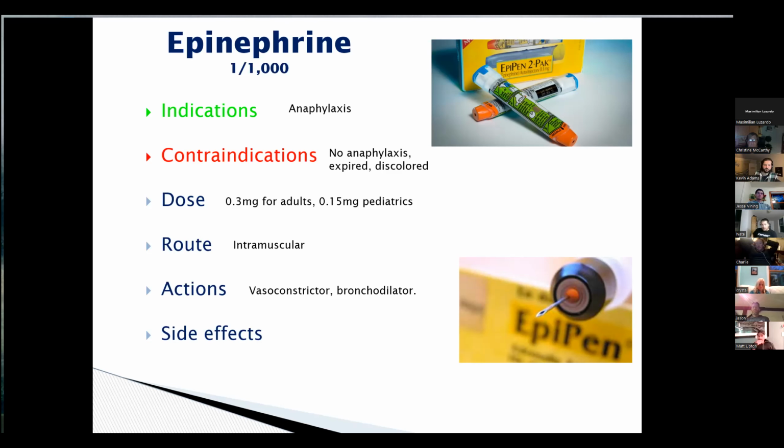We do want to give it for both actions, but I would argue that we are more concerned with the vasoconstricting. Bronchodilation helps. People who are in true anaphylaxis, their lungs are closing, but the main issue that we tend to see why people die of anaphylaxis is one, they go into shock, because what anaphylaxis does to the body is it's actually the body saying, whoops, oopsies, my bad.